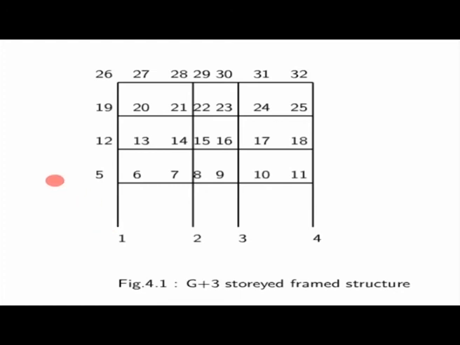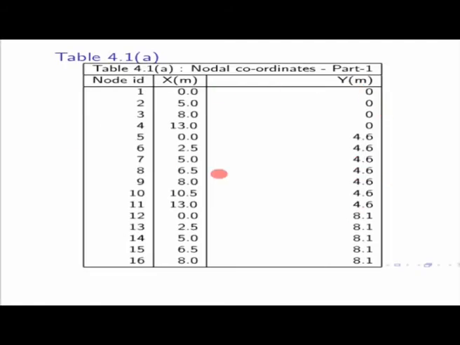And then I have applied the lateral load at 5, 12, 19 and 26, and the vertical load I have applied here. So if you do that, first thing you find out are the coordinates 1, 2, 3, 4, that is 0, then 5, 6, 7, 8, 9, 10, 11, 4.6, then 12, all those things.